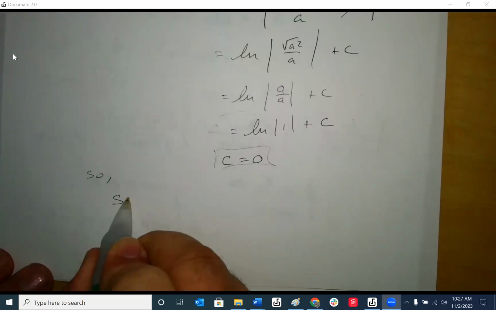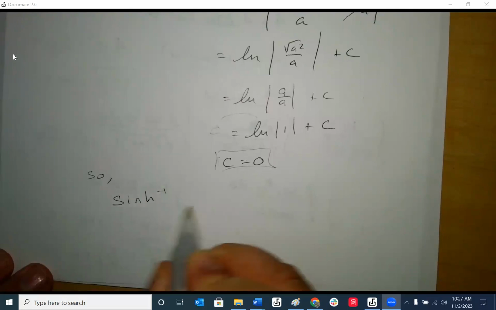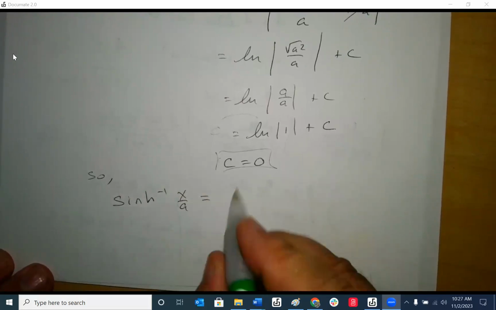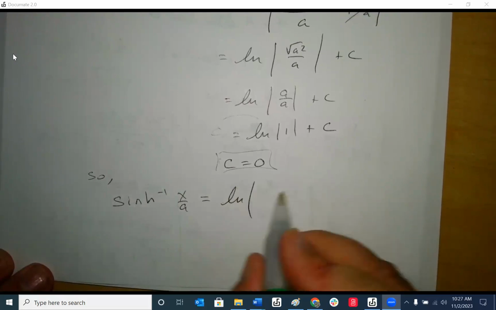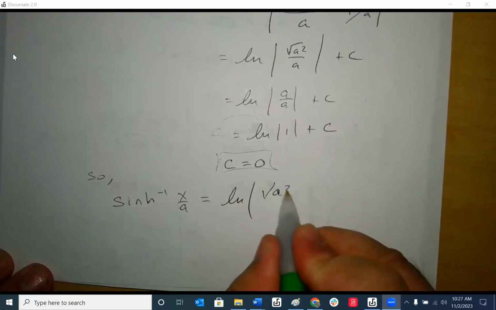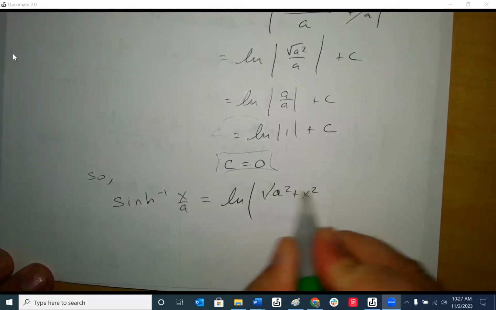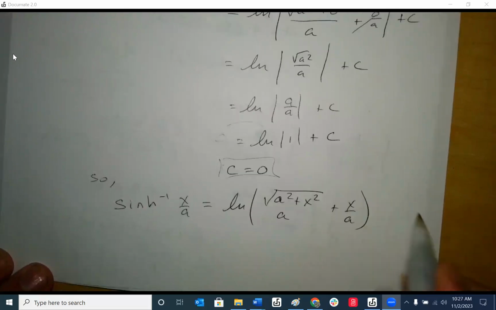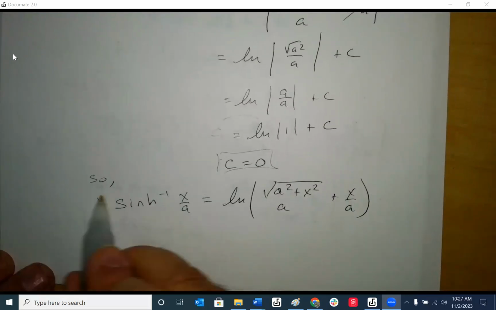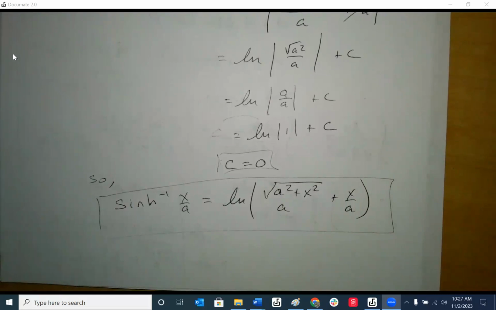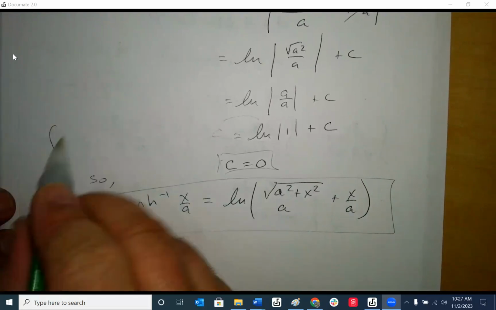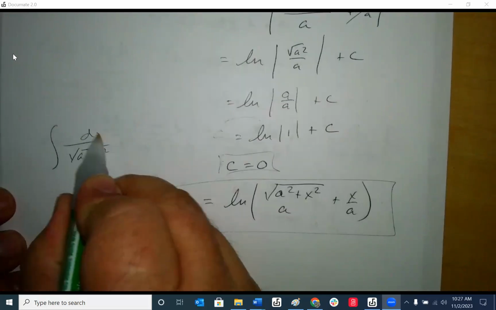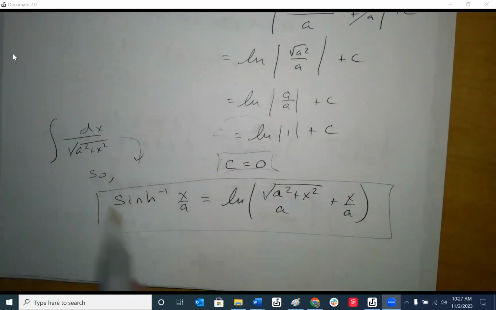So we know that our inverse hyperbolic sine of x over a is equal to this conversion without any constant. So this is the integral, and it is the same as all this.